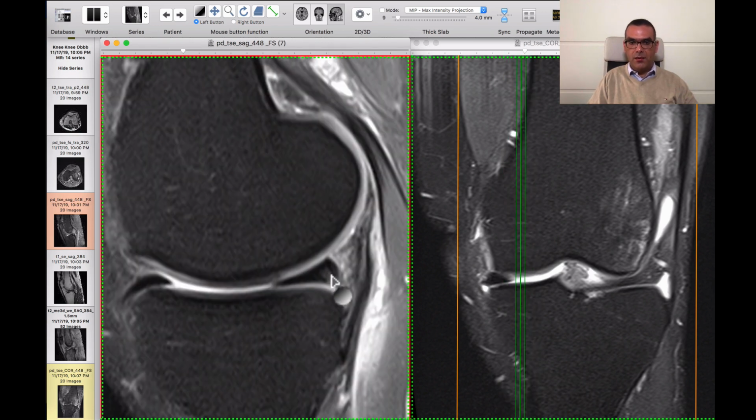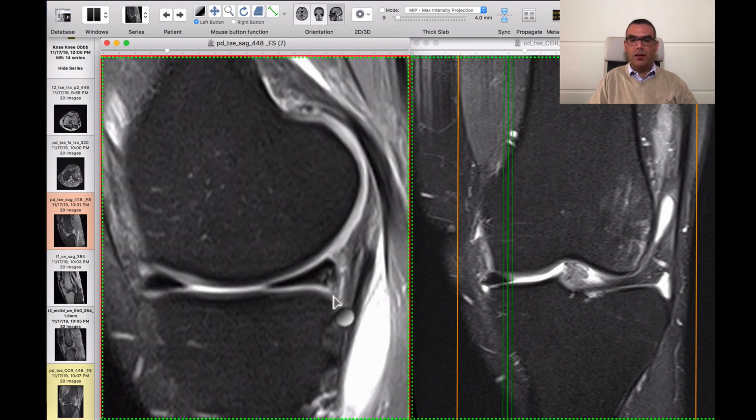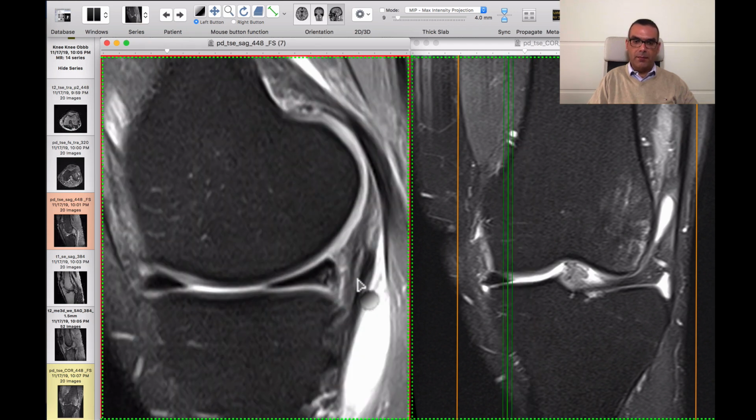And you can see there is a small interruption, there is a small peripheral vertical tear reaching the inferior surface of the meniscus. And what I need you to see clearly is the abnormal signal and the edema at this area.